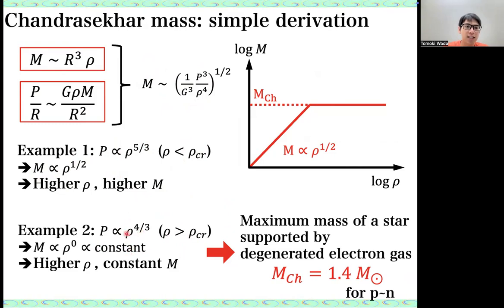And when you substitute this relation to here, mass is constant. So it does not depend on the density of the gas sphere. Even if density is high, the total mass is constant. This is the relation between mass and rho.